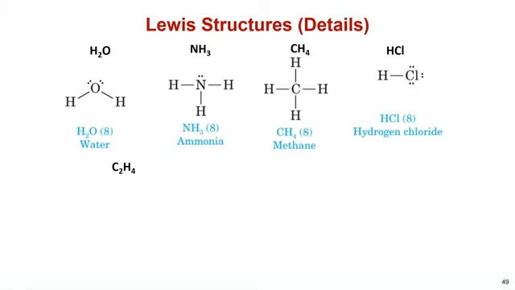Now, after methane, this molecule is called ethylene. The connectivity is carbon bonded to each other. The total number of electrons is 12. Carbon has 4, 4 times 2 is 8, 8 plus 4 is 12.